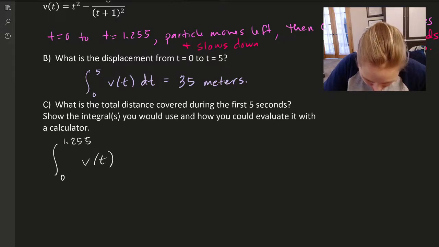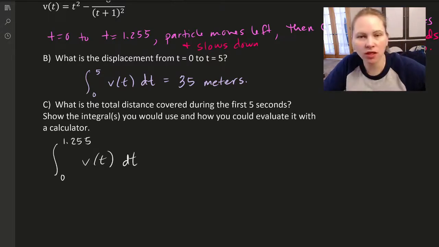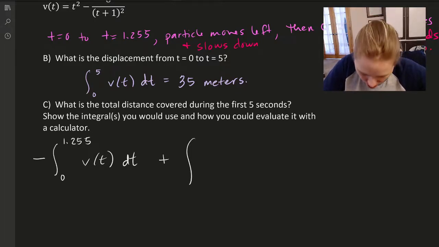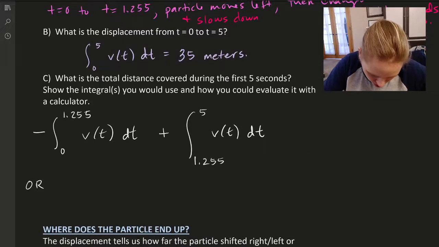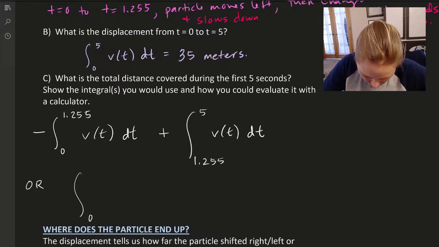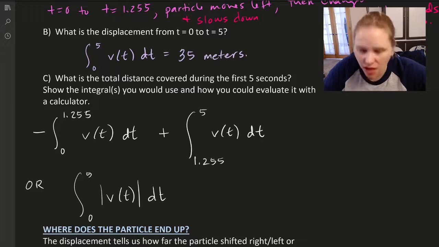You could find this area, and knowing that it's going to be negative, take the opposite of it, and then add to it the positive area. The other way that you could do this is you could enter it as an absolute value. So I will show you both on the calculator, and we'll see that they both produce the same result.